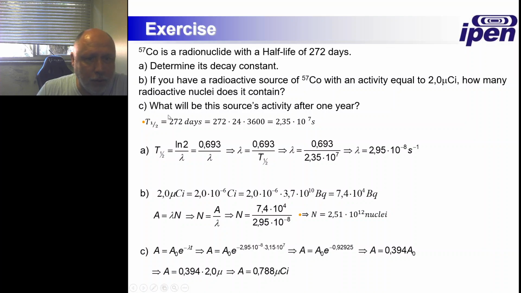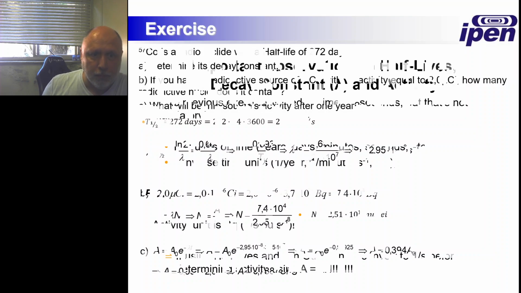If I used 272 days here, lambda would be in per day, day to the minus 1, not in second to the minus 1. There's nothing wrong with that, okay?